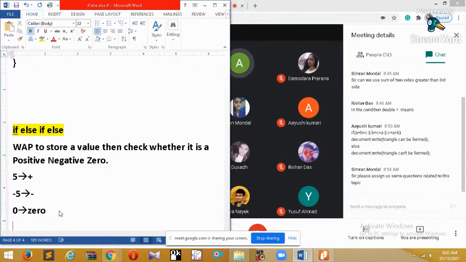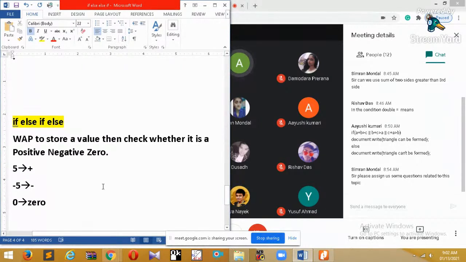As Ayushi told, from her answer, all of us can hear that there are three conditions. One is for positive, one is for negative, and ultimately, if both conditions become false, then we'll go for zero. So that's why we are going to use the if else if statement.